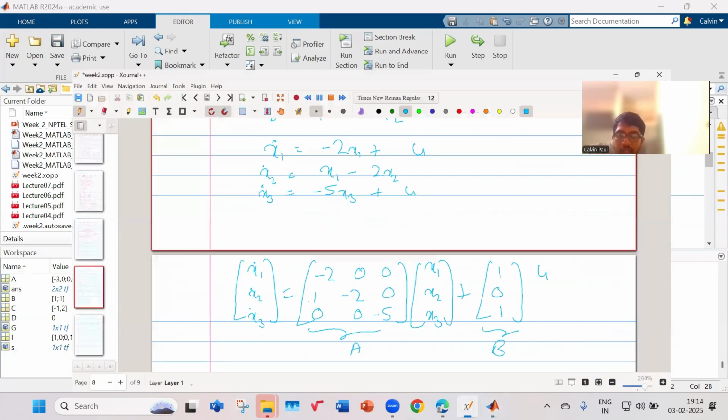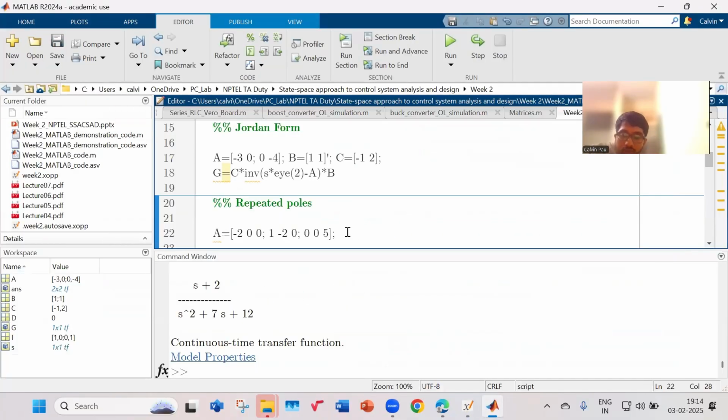Okay, so this is the A matrix. The B matrix is given by 1, 0, 1, the transpose of that.